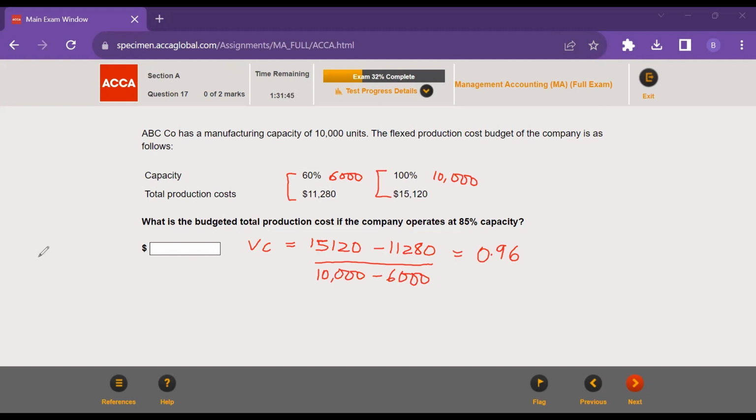So I know that my total cost is nothing but variable cost plus my fixed cost. So if I have to find out my fixed cost, it will be nothing but total cost, which is 15,120, minus my variable cost. So I am producing 10,000 units, 10,000 multiplied by 0.96.